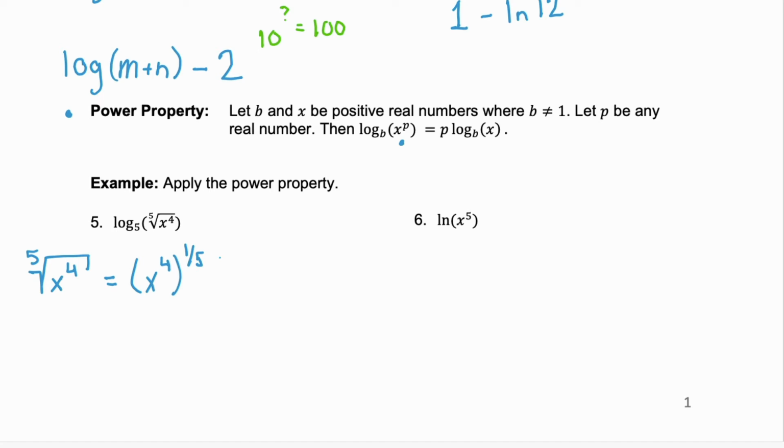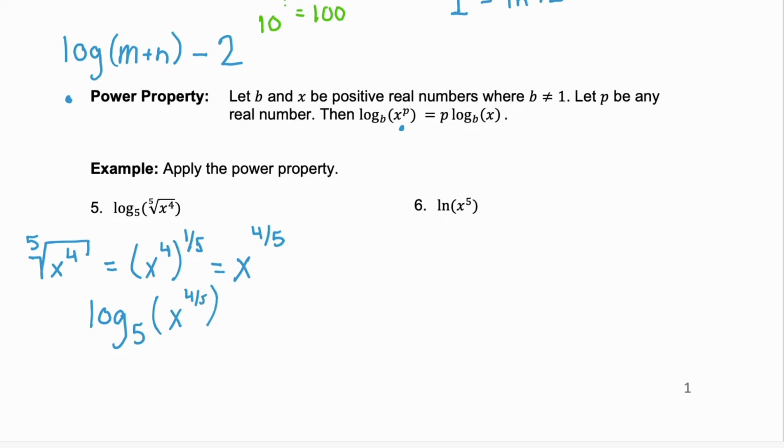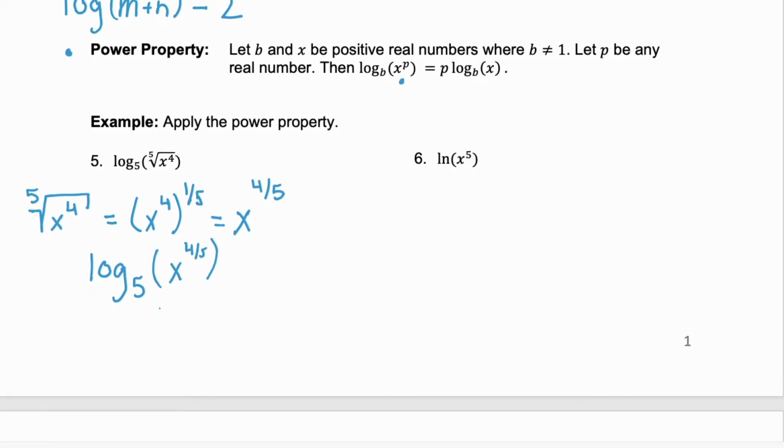And if we use our exponent rules, a power to a power, you would multiply, so this is the same as x to the power 4/5. So the log we're given is log base 5 of x to the power of 4/5. Now we can use our power property of logs, which tells us we can take the exponent of our argument, 4/5, and multiply it by the log of the base of that argument.